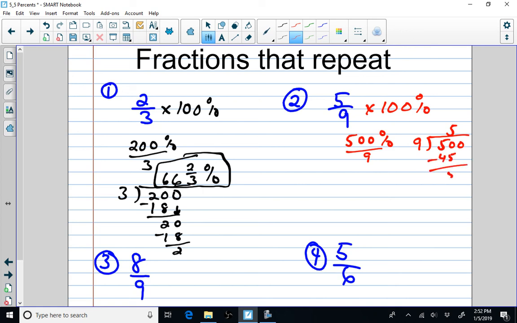I'm going to subtract, it's going to give me 5, bring down the 0. 9 goes into 50 5 times again. 5 times 9 is 45. Subtract, I get 5. That remainder of 5 I put over my divisor of 9. So we wind up with 55 5/9% is the same as 5/9.